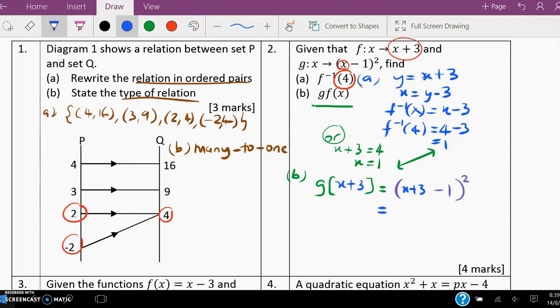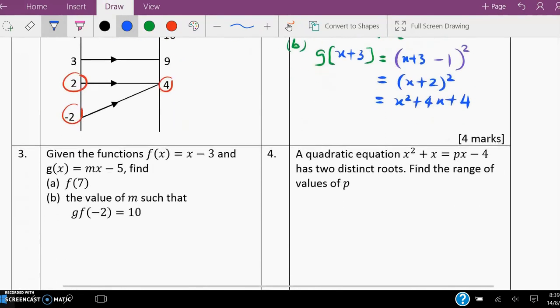So it's gonna be x plus 2 squared. The answer like this, or if you want, you can leave the answer by expanding this. Both will give you the final marks. Okay. Let's continue with number 3 now.